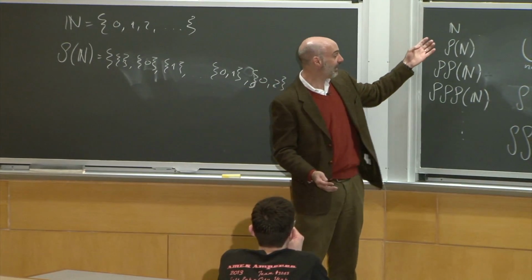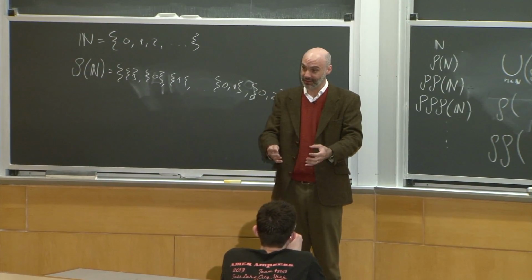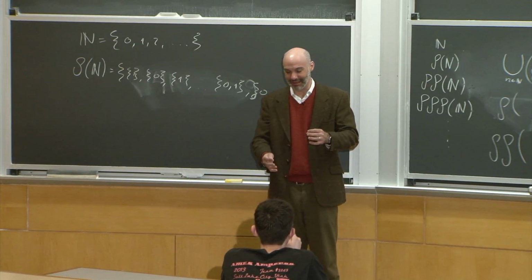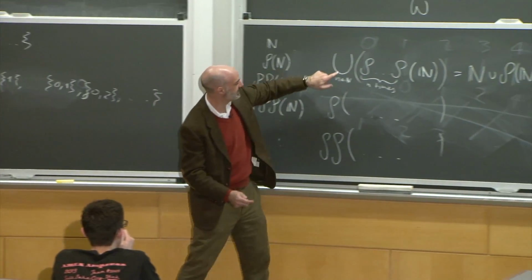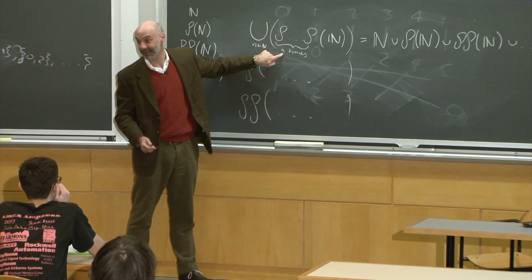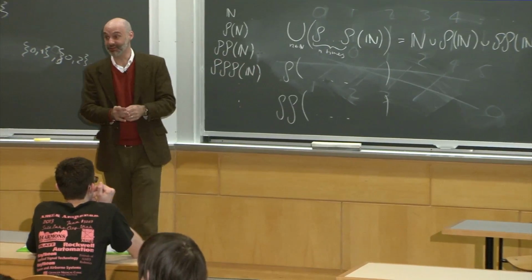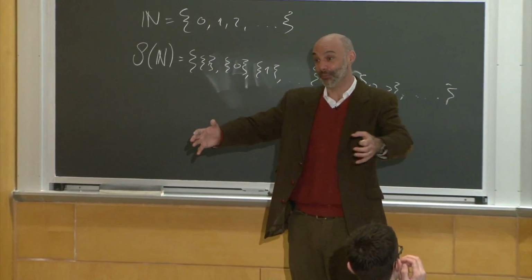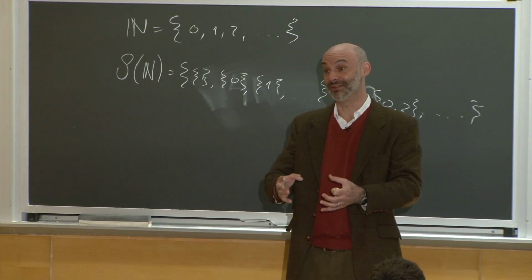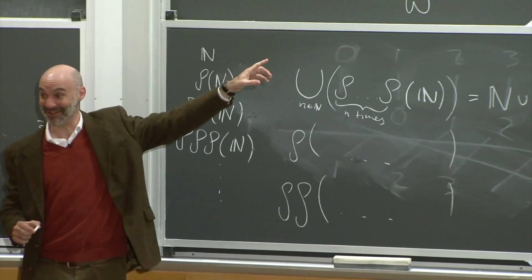You have the power set operation, which always happens one step at a time, and where it never makes sense to have a sequence where instead of n times, you have infinitely many times. That's one kind of operation. And then you have a second kind, which is just to take a bunch of sets and pool together their members. Using those two operations, we're going to be able to build very, very complicated beasts, and in particular, beasts as complicated as those.